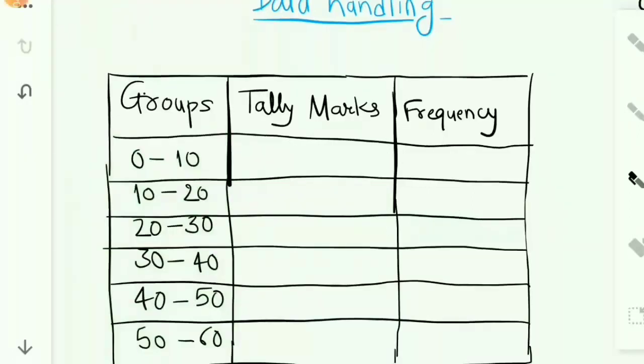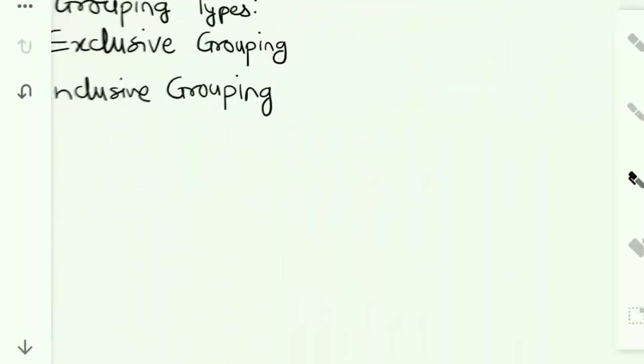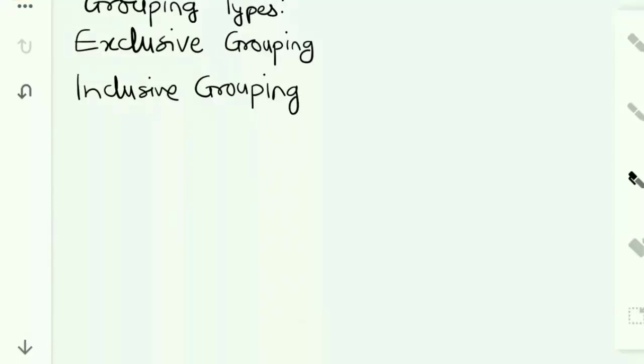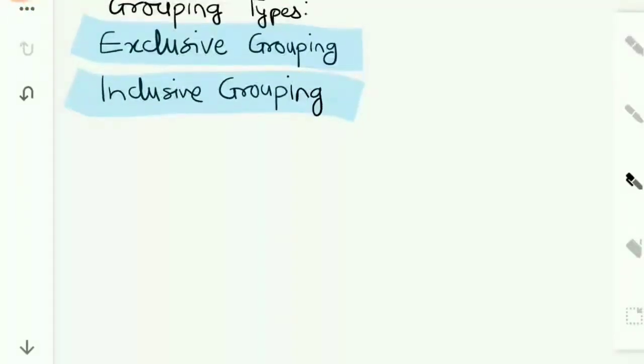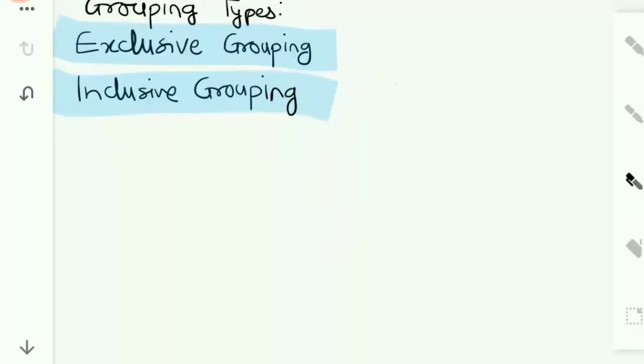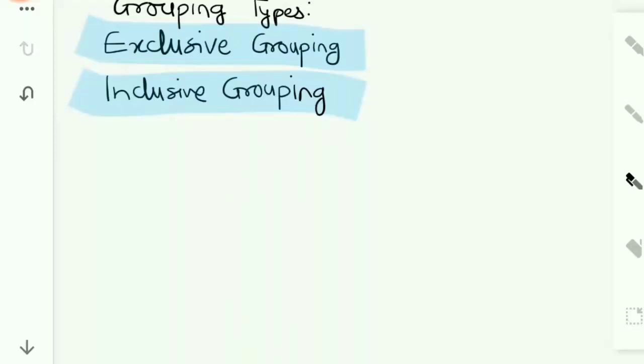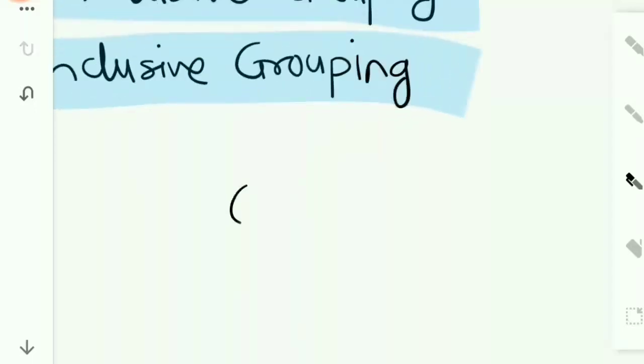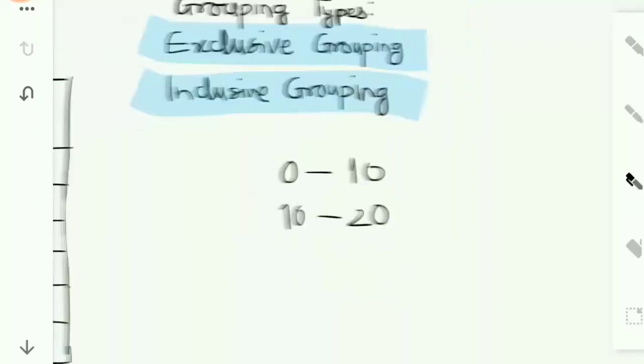And now we group our data. But we've not learned what are types of grouping. So let's see. Grouping types are exclusive grouping and inclusive grouping. You must have gotten some idea by just listening to the names exclusive and inclusive. Exclusive means this is 0 to 10, 10 to 20, right?